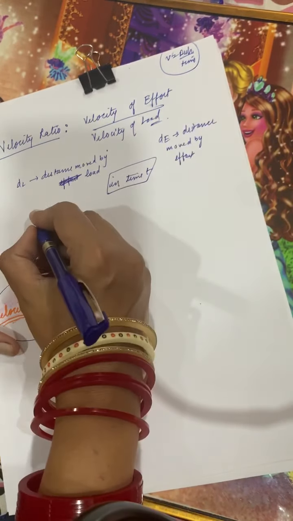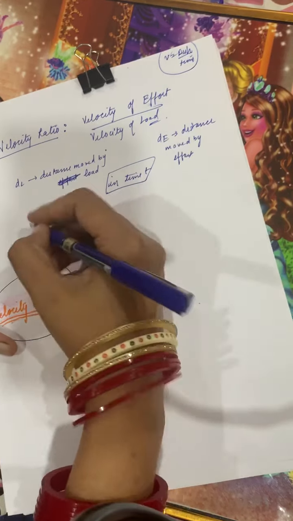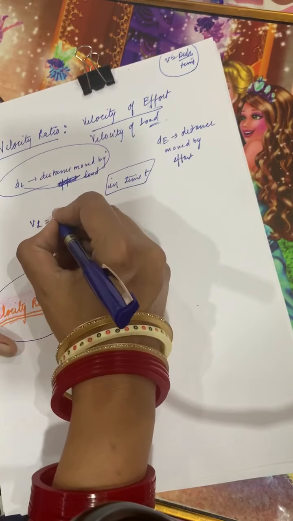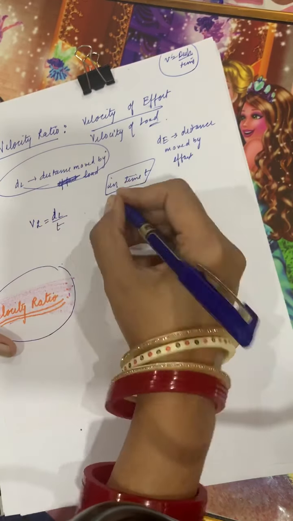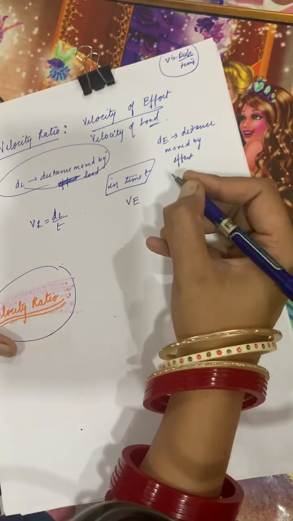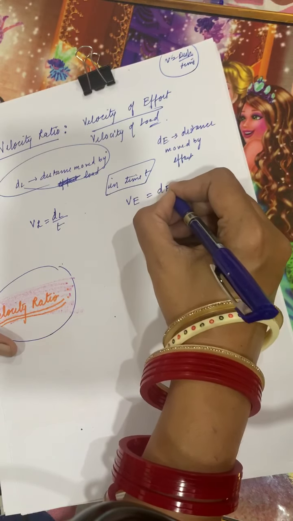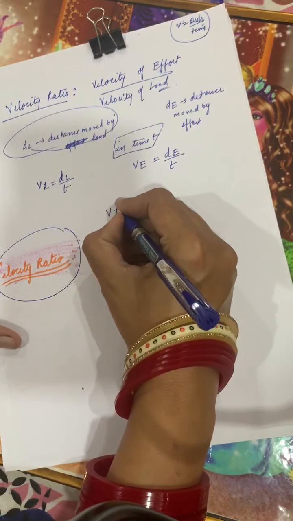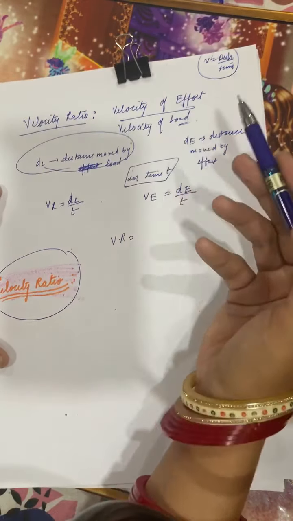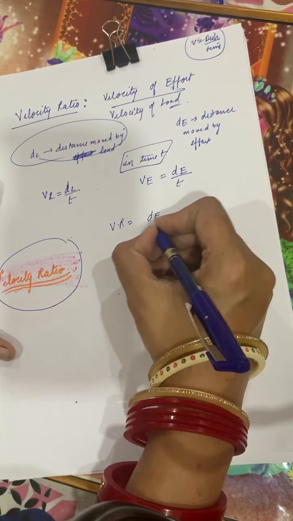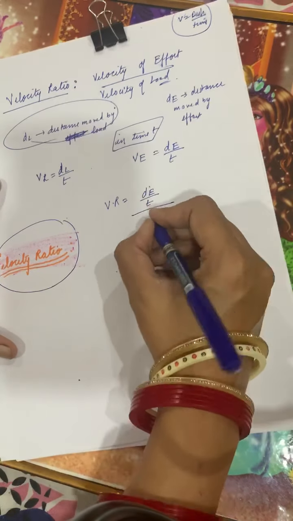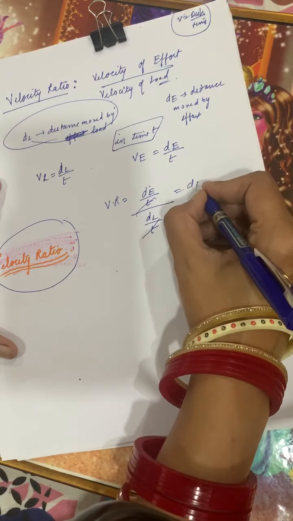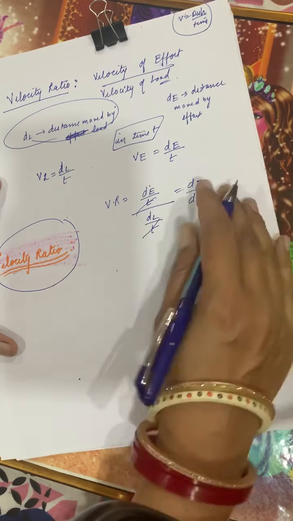Velocity of load is the distance moved by load by time, that is dl by t. Velocity of effort is the displacement of effort by the time. So velocity ratio is velocity of effort by velocity of load. t will be cancelled, but we are left with de by dl.